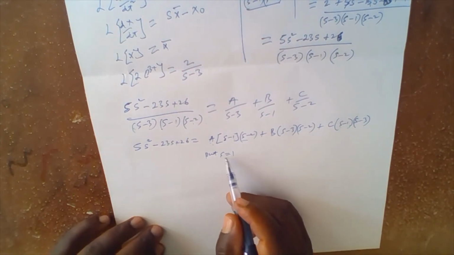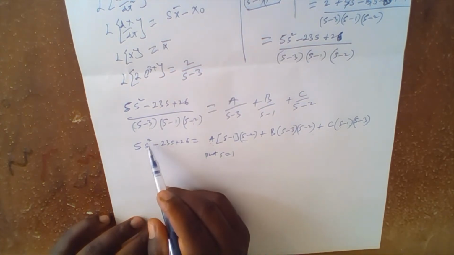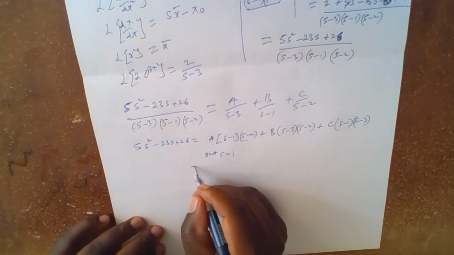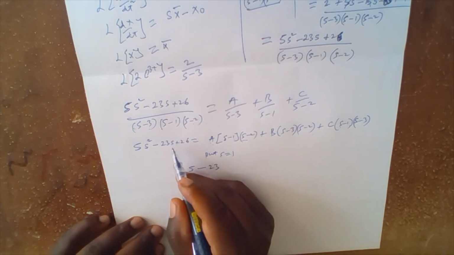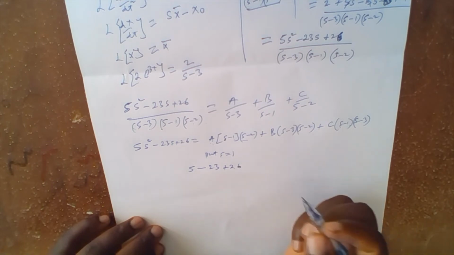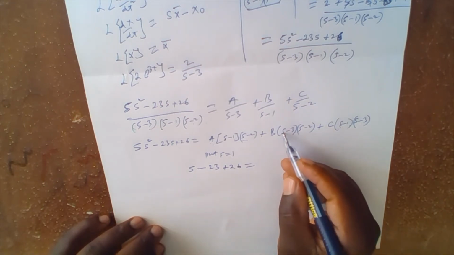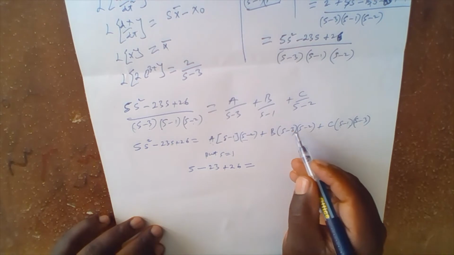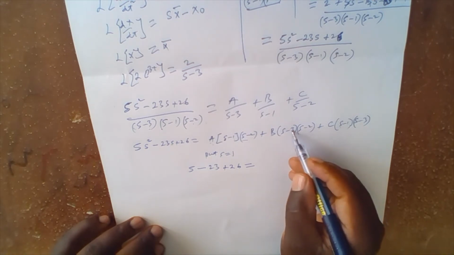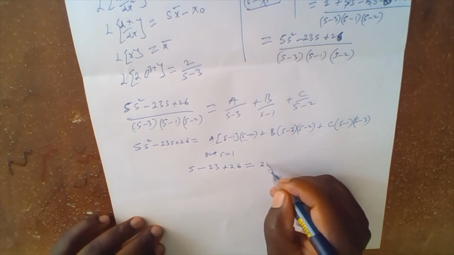So when I put s equals 1, the equation becomes 5 times 1 squared, so 5, minus 23, plus 26 equals 1 minus negative 2, which is negative 1... this is 2 times B, so I have 2B.